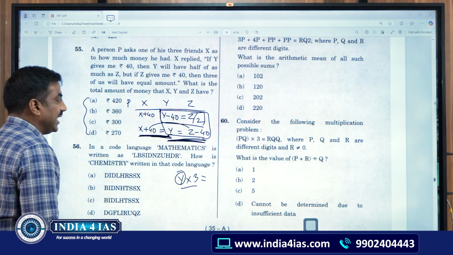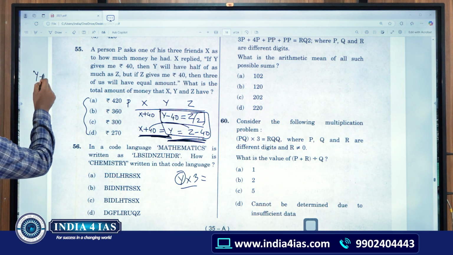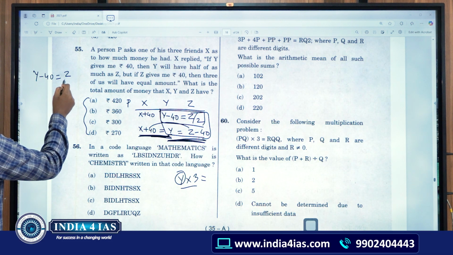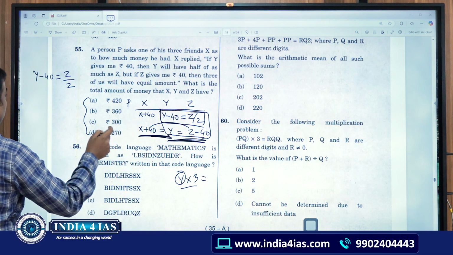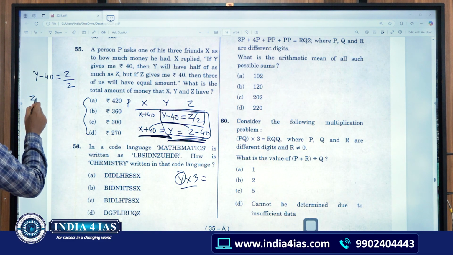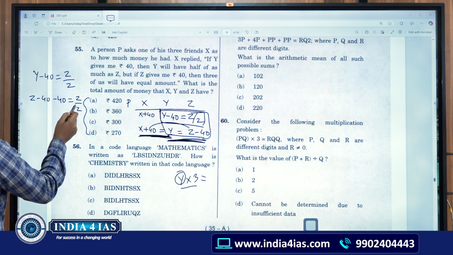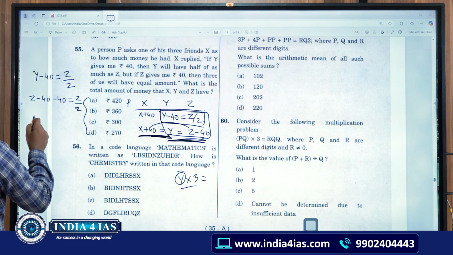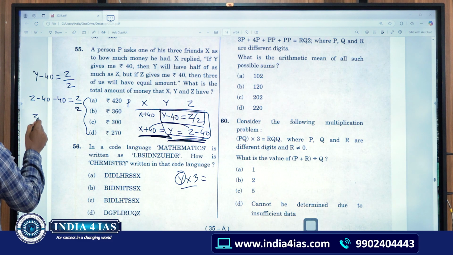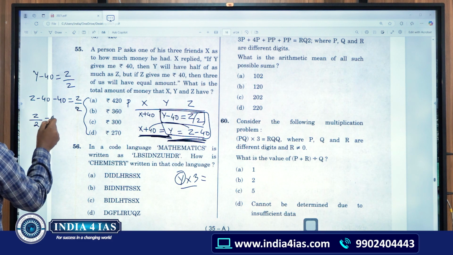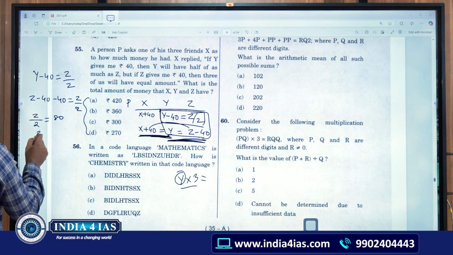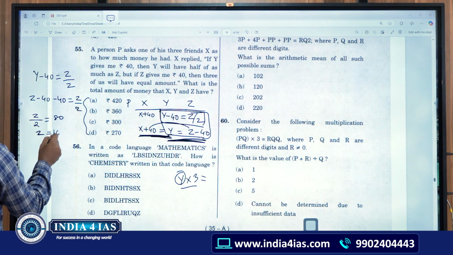We'll get the value of Y and Z. Y minus 40 is equal to Z by 2. But Y is equal to Z minus 40. So Y is equal to Z minus 40, minus 40 is equal to Z by 2. So Z by 2 comes this side. So Z minus Z by 2, that is Z by 2, is equal to 80 will come this side. So Z is equal to 160.